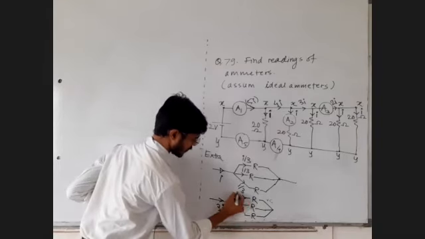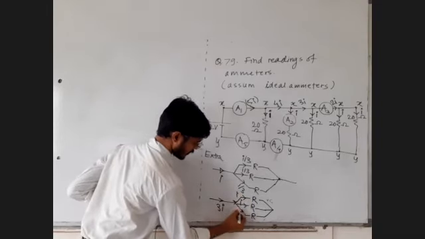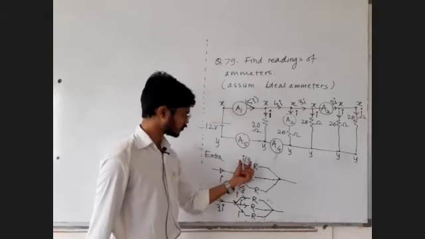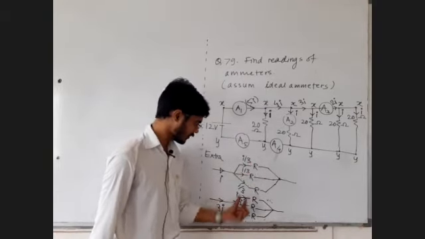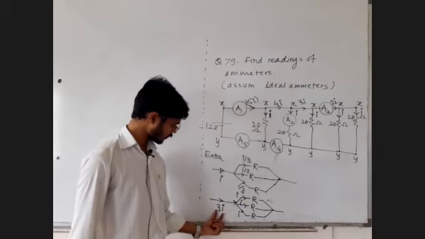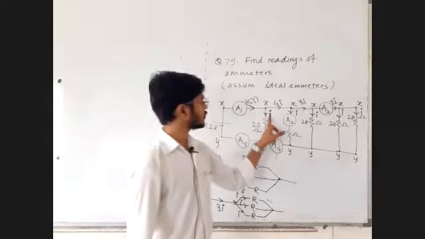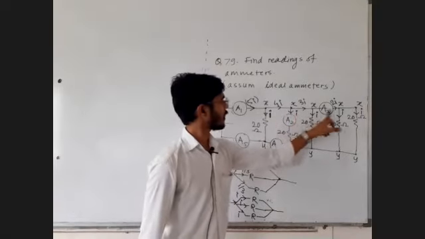Of course, that will be I and I. If you have current I, splitting will be I by 3, I by 3, I by 3. If you have current 3I, splitting will be I. I have considered these currents I.